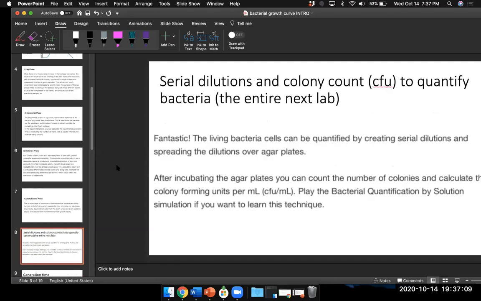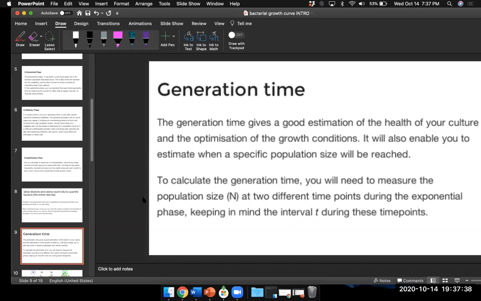Okay, and so then you just want to see some of the calculations that they ask you to do. So in this bacterial growth curve lab, they do serial dilutions and colony counting for you. They tell you that that's a method you can use, but then you don't actually do it until the next lab, which is completely devoted to that. So we don't need to talk about this because we already did, because we did the other one first today.